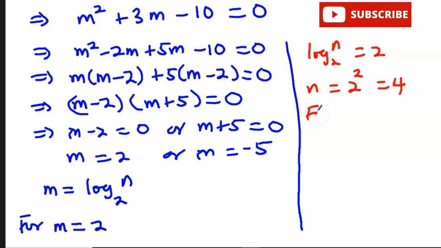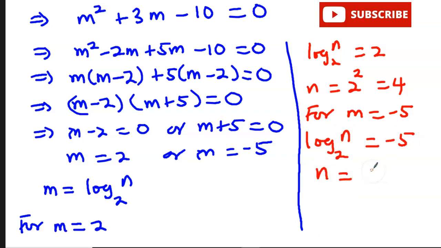And then for m is equal to minus 5, log n to the base 2 will be minus 5. So n will be equal to 2 to the power minus 5, which is 1 over 2 to the power 5, which is equal to 1 over 32. So therefore n is equal to 4 or 1 over 32.